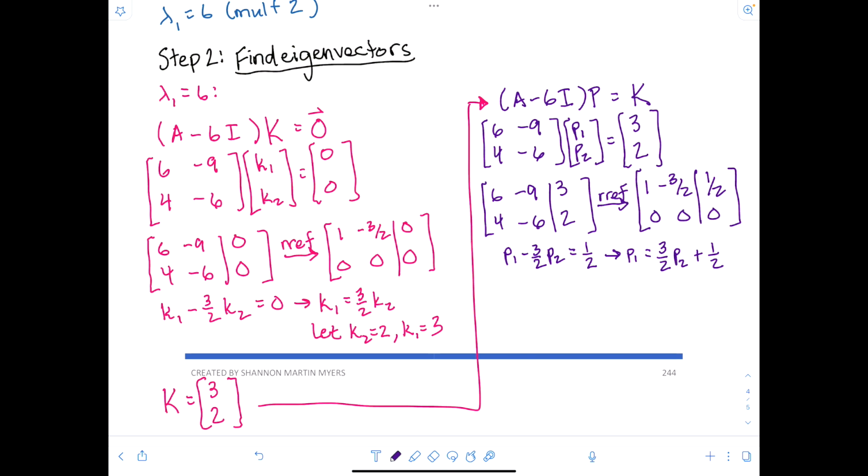So we might as well let P2 be really whatever you want it to be, but we could let P2 equal 0, and that means that P1 would just be 1 half. And so our vector, capital P, would be 1 half, 0.